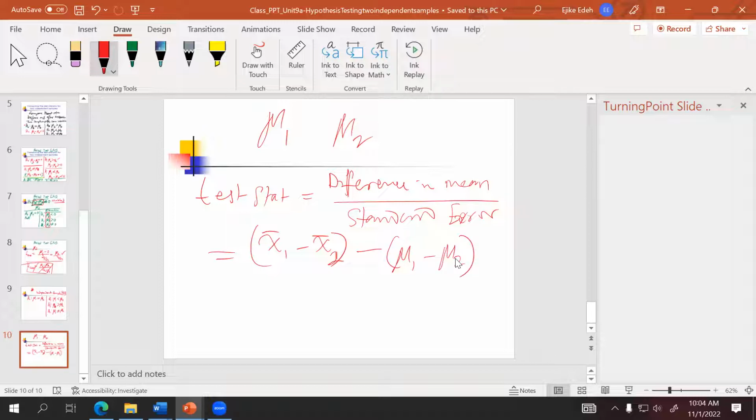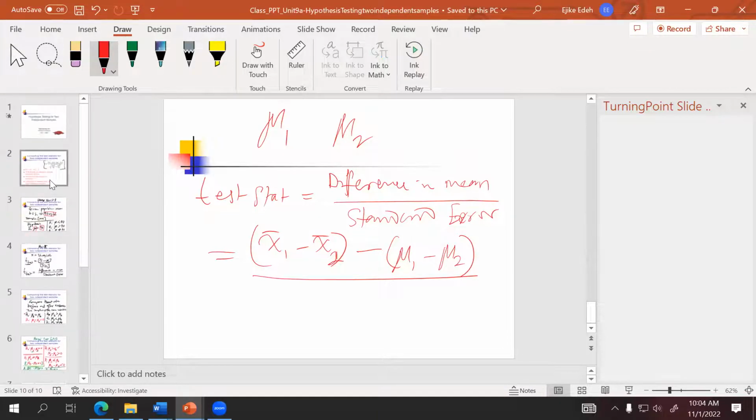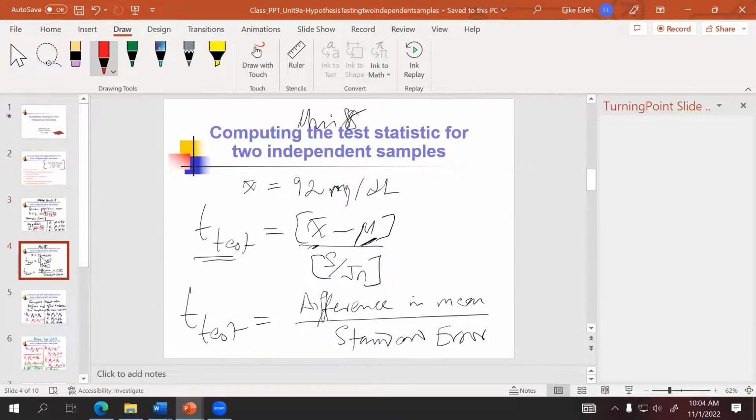And we're dividing this by the standard error. In the one sample case, our standard error was just the standard deviation divided by the square root of n, because we had only one sample.